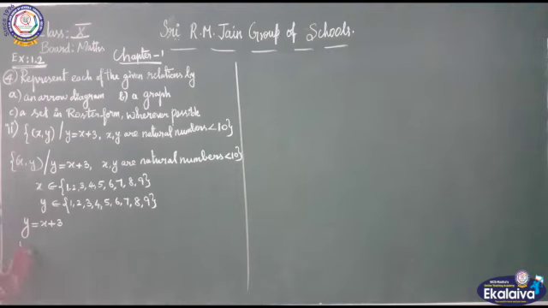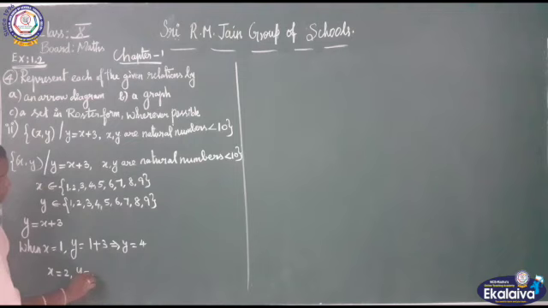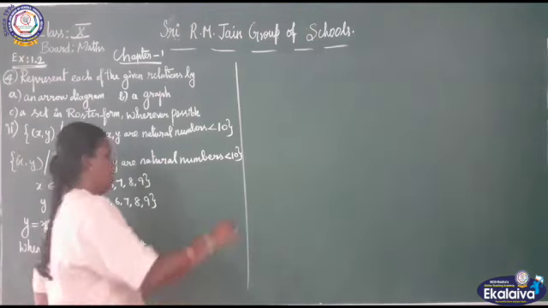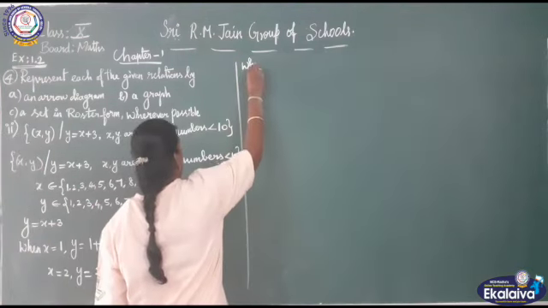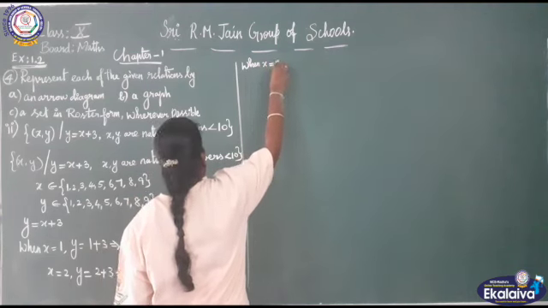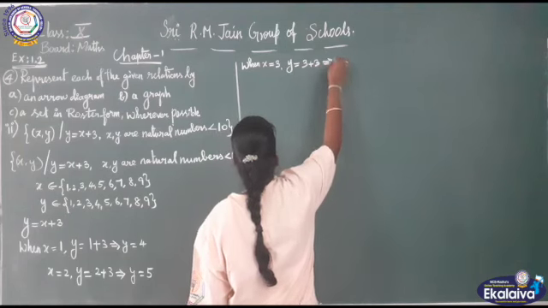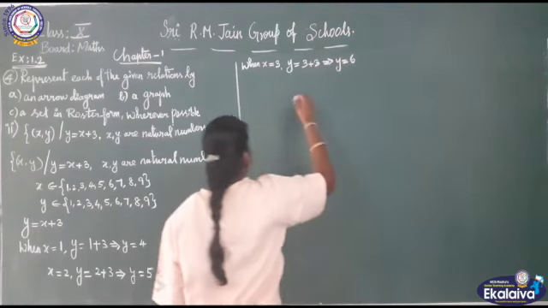So when x equal to 1, we will get y equal to 1 plus 3, which gives y value as 4. When x equal to 2, we will get y equal to 2 plus 3, which gives the y value as 5. Again, when x equal to 3, we will get y equal to 3 plus 3, which gives y value as 6.